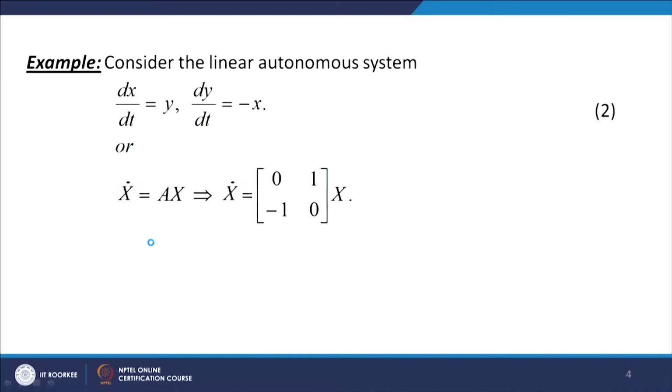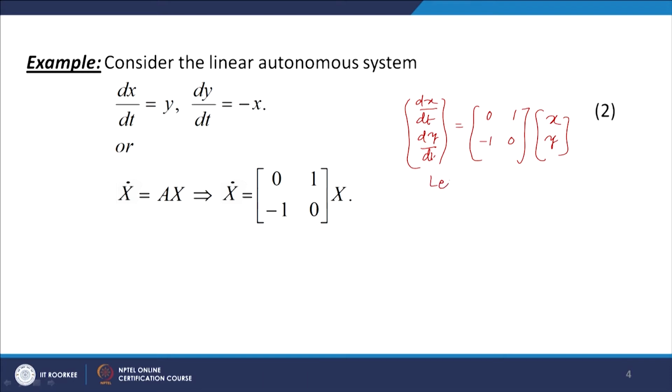Now, let us consider a linear autonomous system dx/dt = y, dy/dt = -x. This can be expressed as the column vector (dx/dt, dy/dt) equal to the matrix [0, 1; -1, 0] times (x, y).